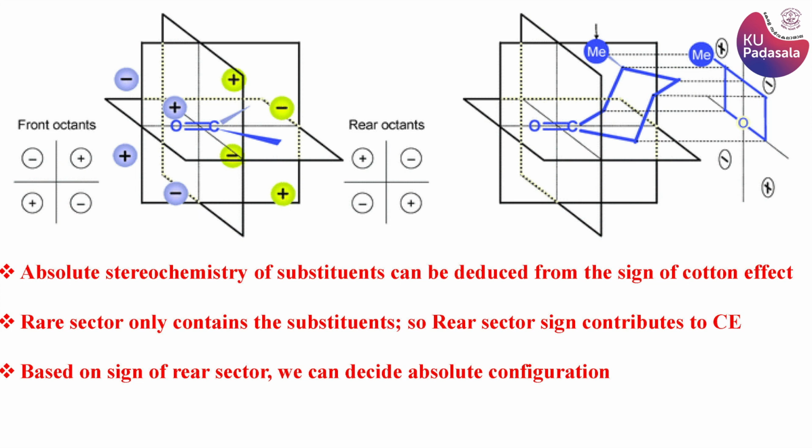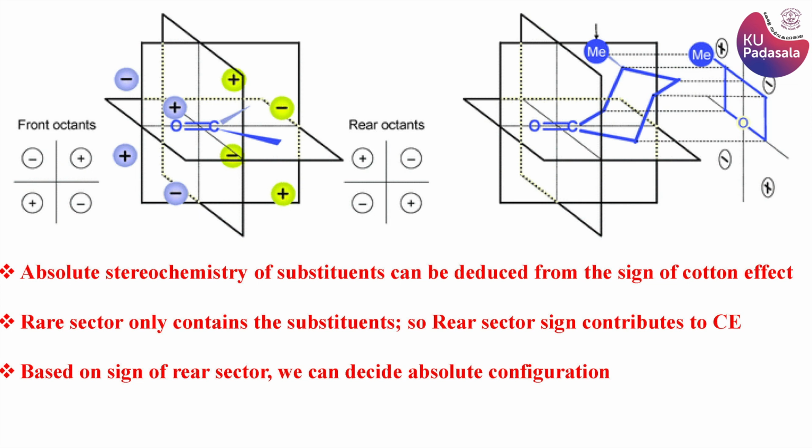I already told you, and it is very clear from the figure, that the substituents and all the carbons are lying in the rear sector. So the rear sector is important to decide the absolute configuration, and it contains all the substituents.